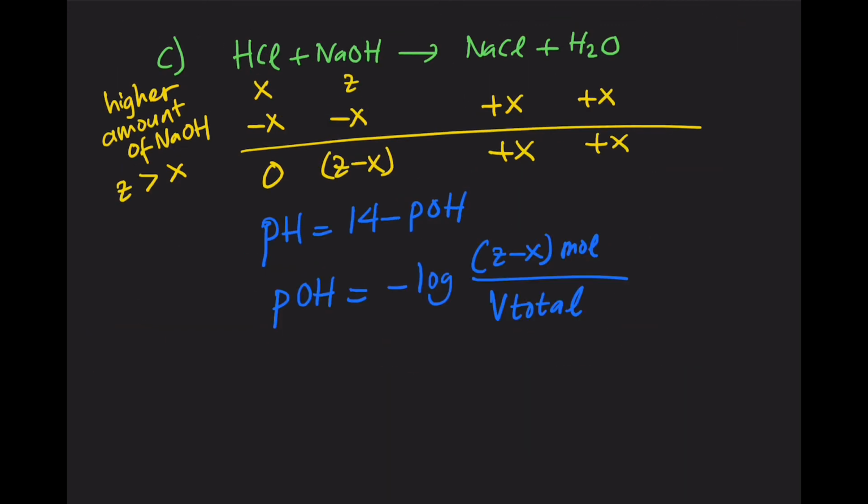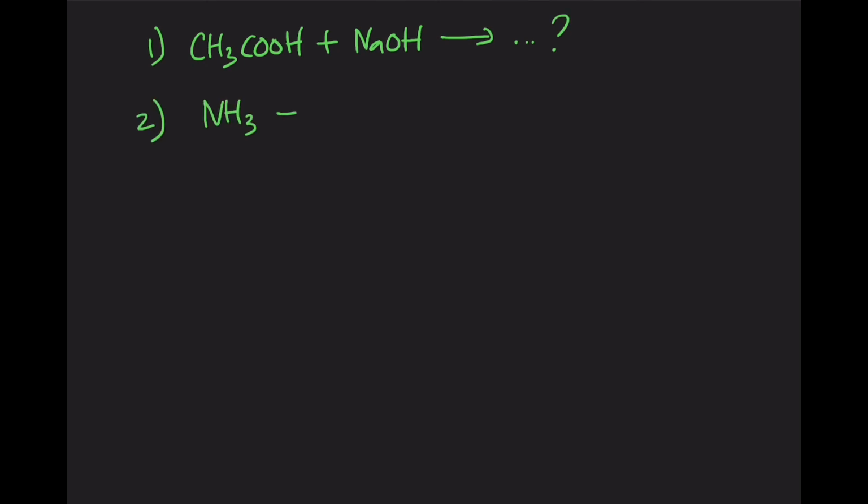Now, I would like you to try on your own to draw and interpret if we have first a titration between a weak acid plus a strong base. What will we get? Second, if we have a weak base plus now a strong acid.